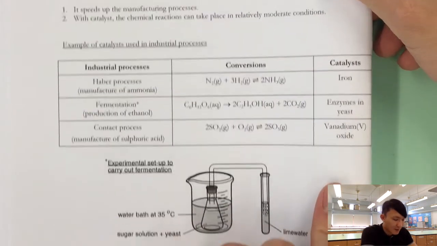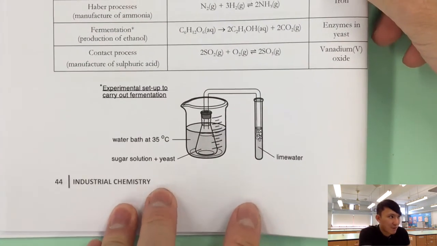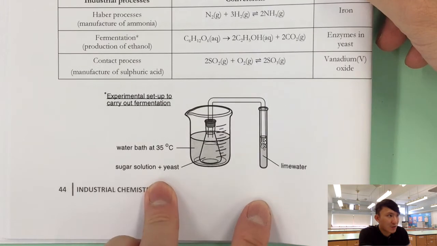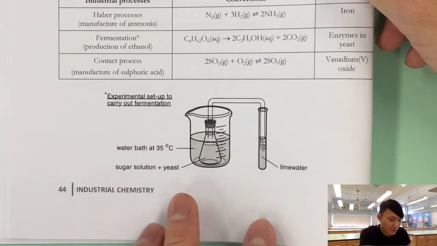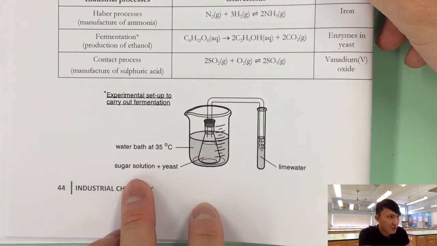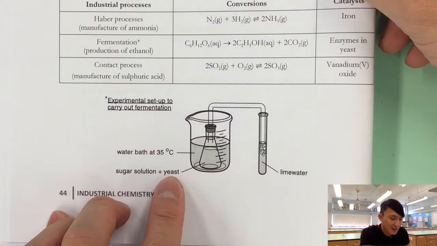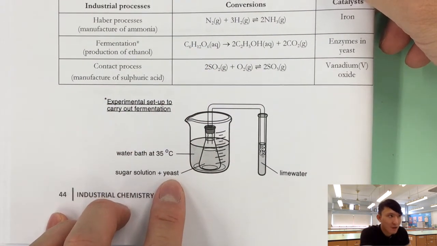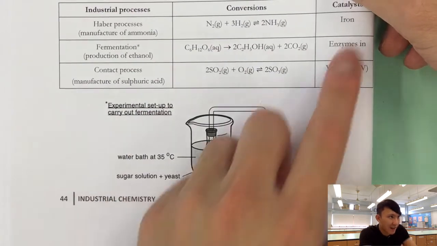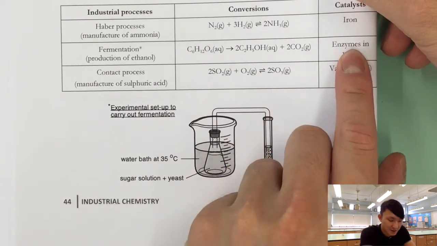Okay? Now down here, it is a laboratory experiment showing you the fermentation. Very simple setup. We have sugar solution, right? Over here, sugar solution, and yeast. And yeast is a microorganism, and inside this yeast, they have this enzyme, catalyst. Okay?